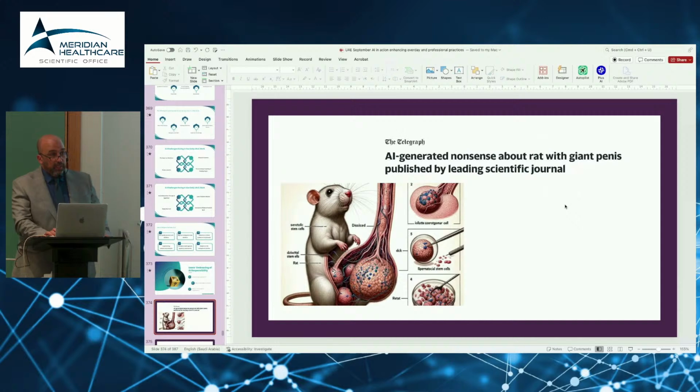I'll show you three pictures of misuse of artificial intelligence. The first one, by the way, was published in one of the reputable journals, but it was fabricated. AI-generated nonsense about a giant penis was published by a leading scientific journal, but it was fabricated. But it was published.